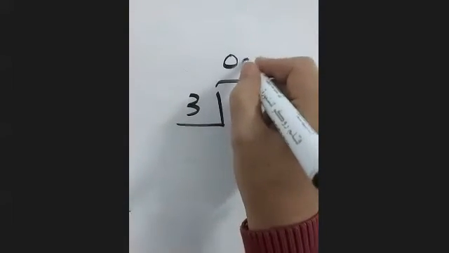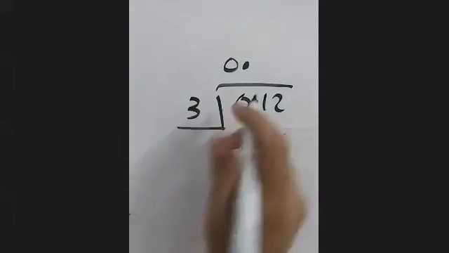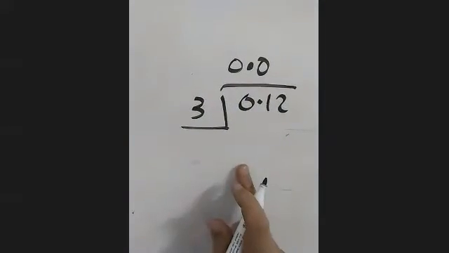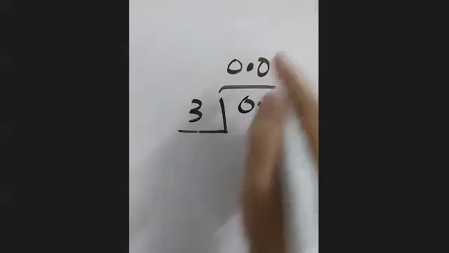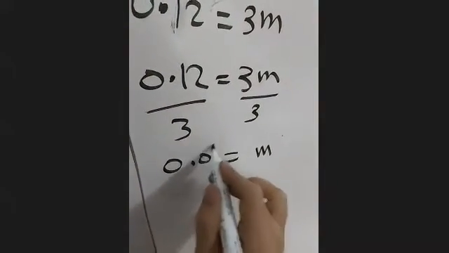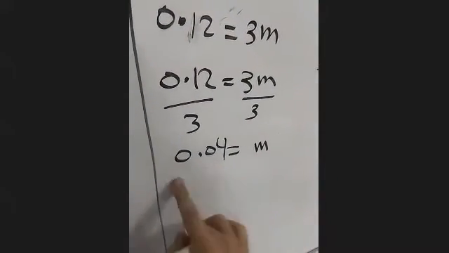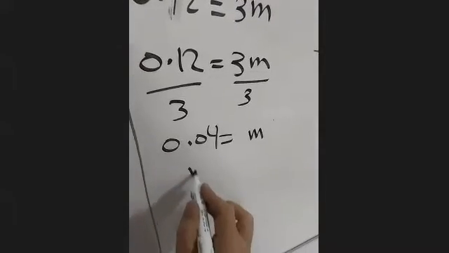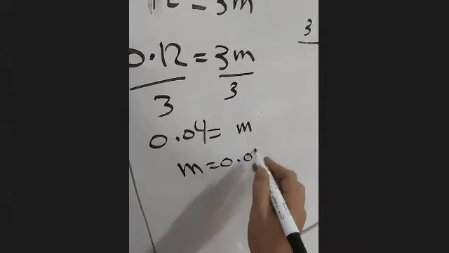Decimal comes up. 1 cannot be divided by 3, so it is 0 in the quotient. 12 divided by 3 is 4. So the answer is 0.04. We write it like this, m equals 0.04.